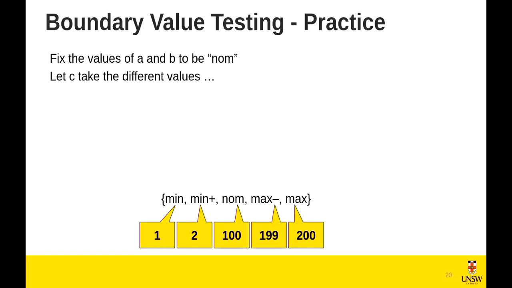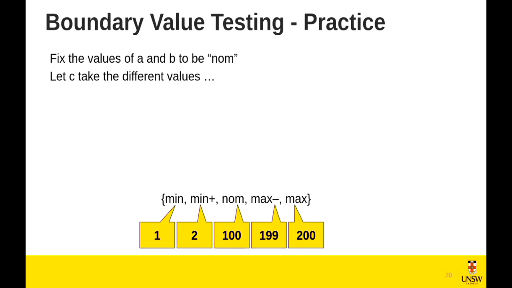And if we remember how we do normal boundary value testing, we have the assumption that only one variable can take extreme values at a time. So only one variable is allowed to take the extreme value.